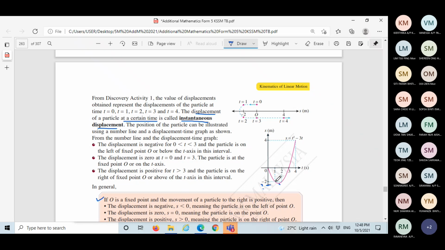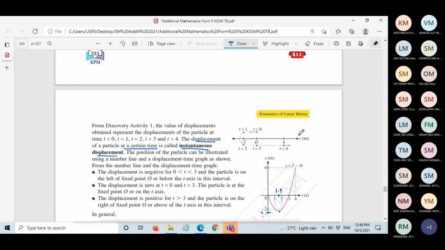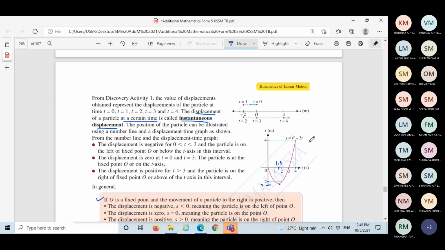You know this is negative 2 and this is negative 2, so the middle point of 1 and 2 is 1.5, which will give you the minimum of s. Then you substitute t as 1.5 to get the minimum of s. After you get the graph, sometimes they will ask you to construct the graph, and then you have to analyze from the graph also.